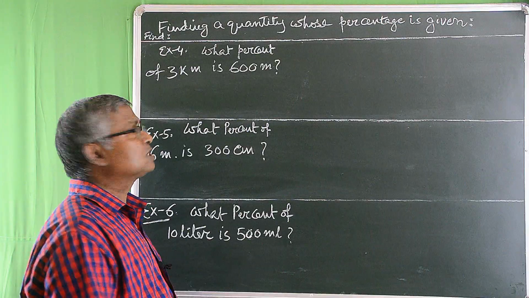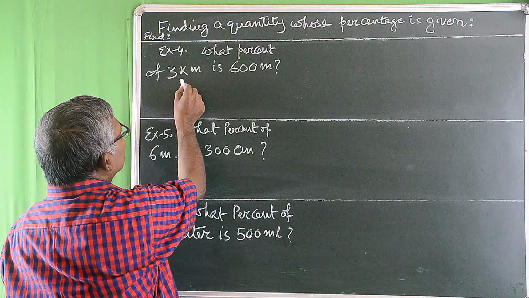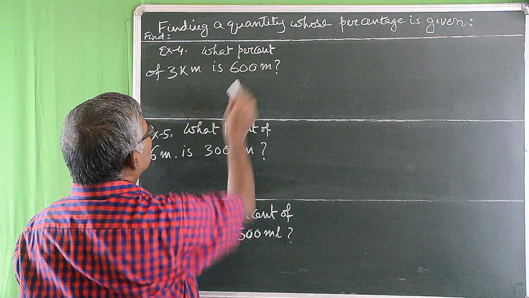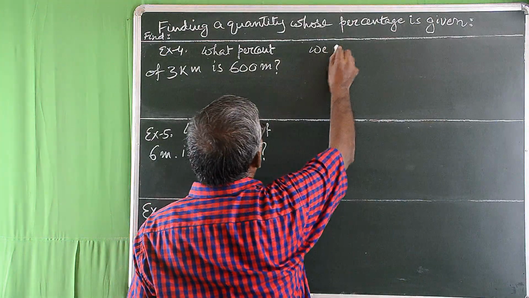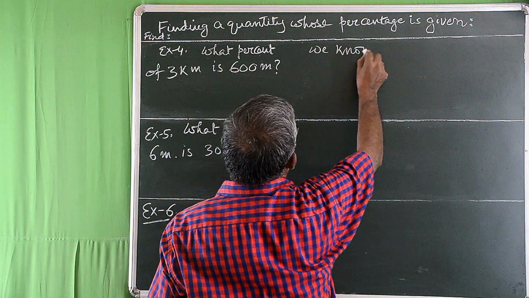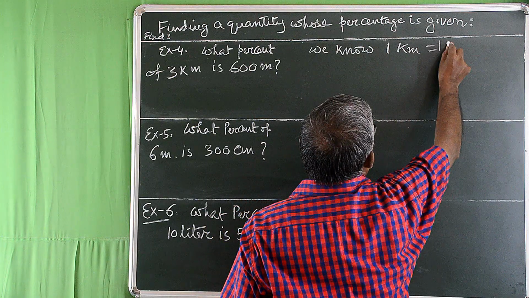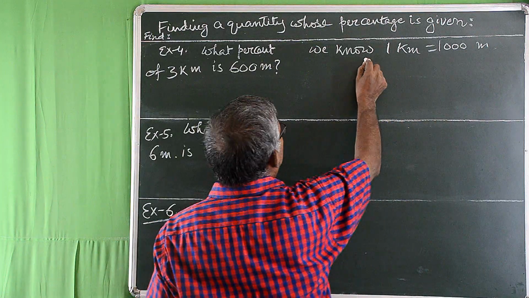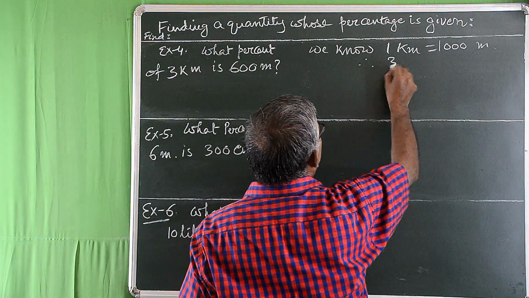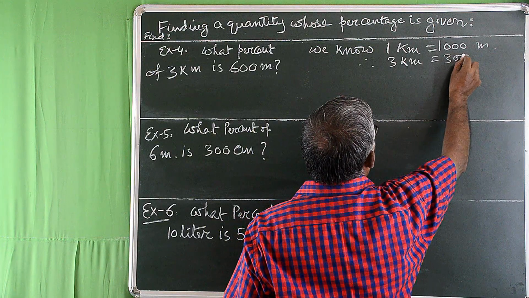Students, let us consider the next problem. What percent of 3 kilometer is 600 meter? Students, we know 1 kilometer equal to 1000 meter. Therefore 3 kilometer equal to 3000 meter.